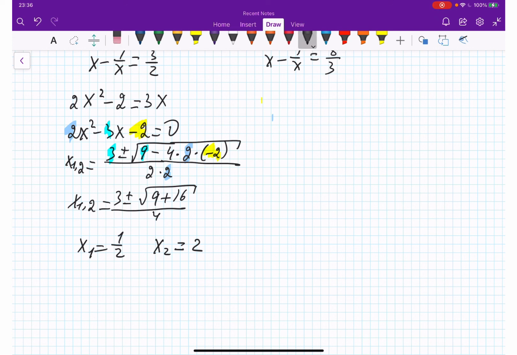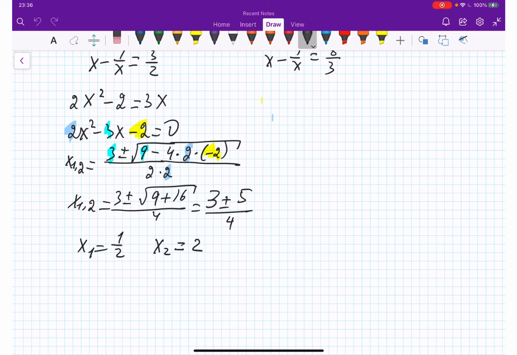This is 1, and we are getting 3 plus minus square root 25 is 5 over 4. And if you add and subtract, you get 2 and negative 1/2. This is one pair of answers.